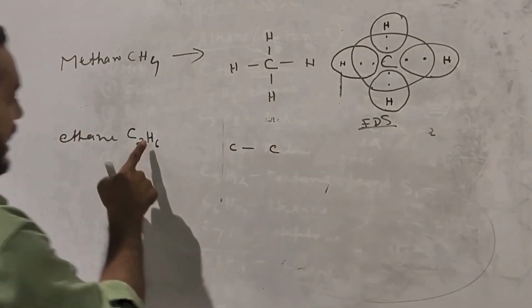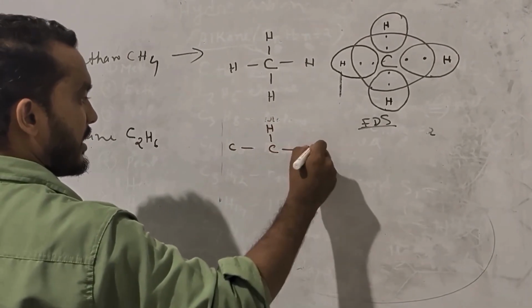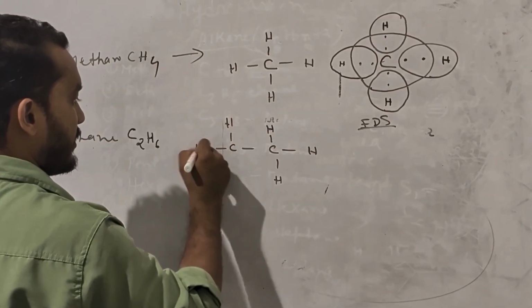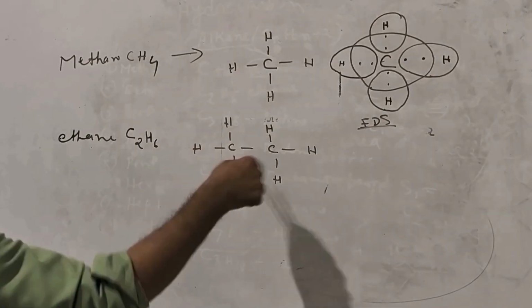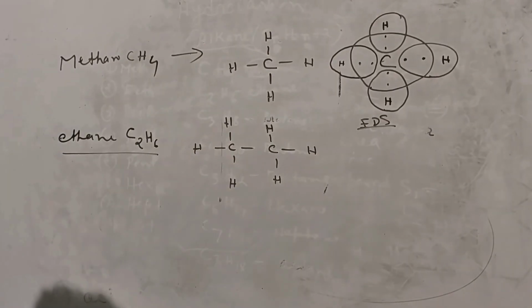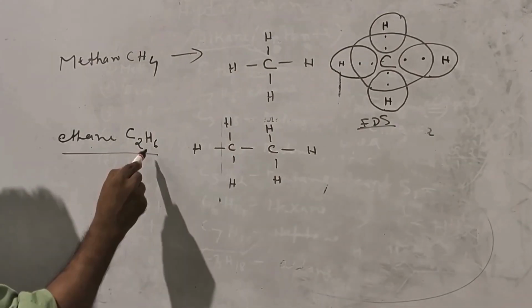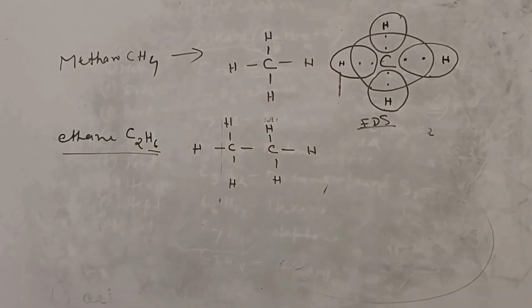Hydrogen is 6. Here one bond, hydrogen. Here one bond, hydrogen, hydrogen, hydrogen. This is the structure of ethane, where there are 2 carbons and surrounding them 6 hydrogens. In the same way, you can draw the electronic dot structure of ethane.